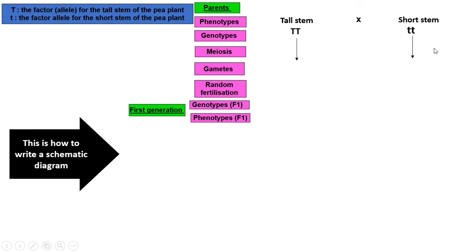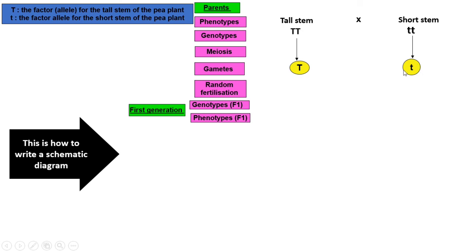The gamete for the tall stem plant is capital T. For short stem it is small t. So this is the gamete from the parent of tall stem, and this is the gamete from the parent of short stem.